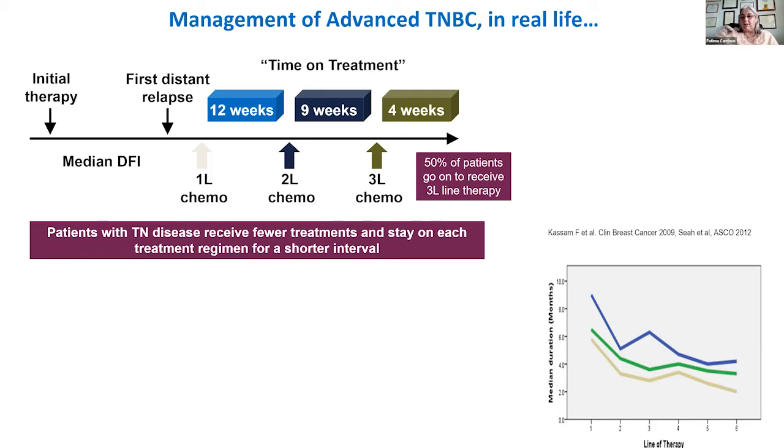So first 12 months, 9 weeks, 12 weeks, 9 weeks, 4 weeks. So less and less to the different lines of treatment. And they have, in general, the worst outcome. It doesn't mean that it's always like that, but it's very often like that.